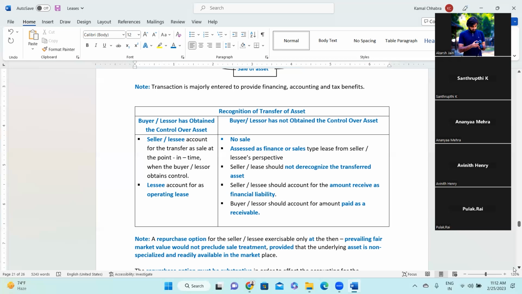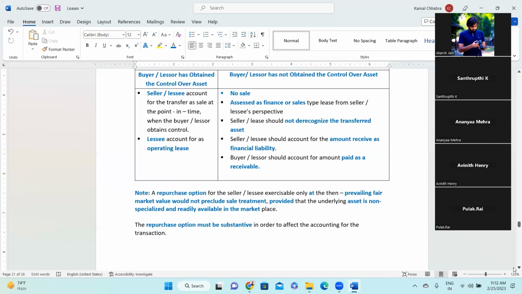The person receiving the finance has a finance liability, and the person paying the cash has the finance receivable. Very simple, that's how you need to account for it. Make sense? Yes? No?